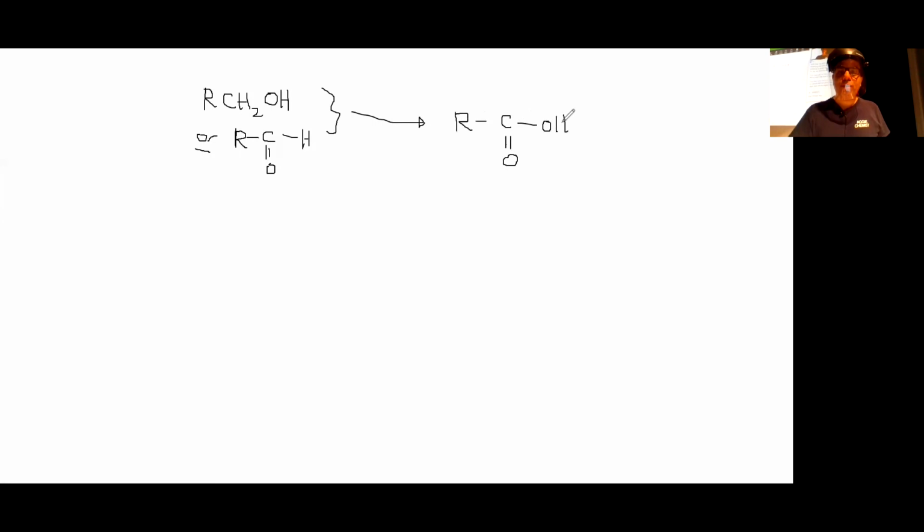We already know that you can oxidize either a primary alcohol or an aldehyde, here's my aldehyde, to a carboxylic acid by using nasty, extremely reactive transition metal reagents with highly, highly oxidized transition metals.